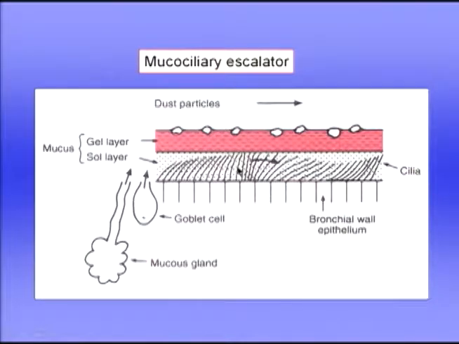And you can see that this is a very elegant system, and you can also see that it takes a lot of regulating. We don't fully understand how it is regulated, but you see it's very important that this sol layer is just the right thickness that the cilia can beat and touch the gel layer above it.